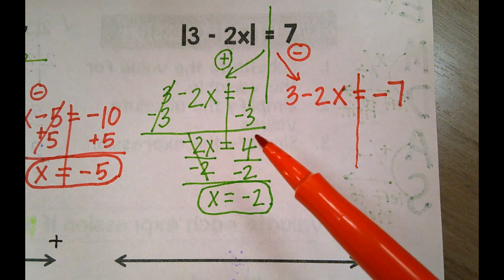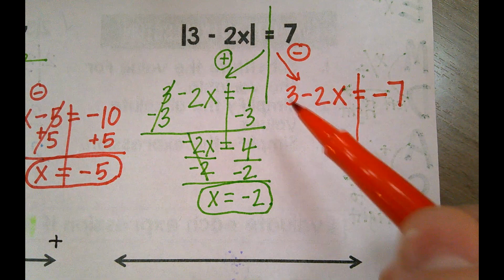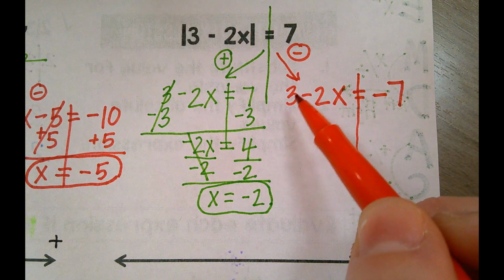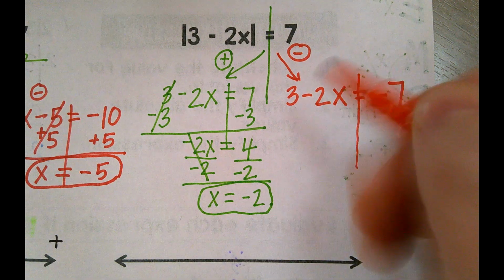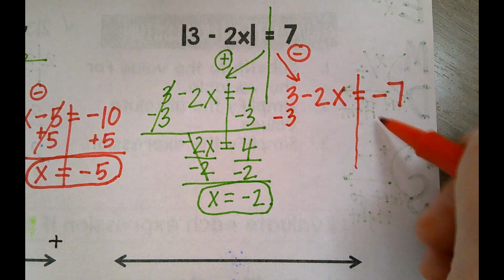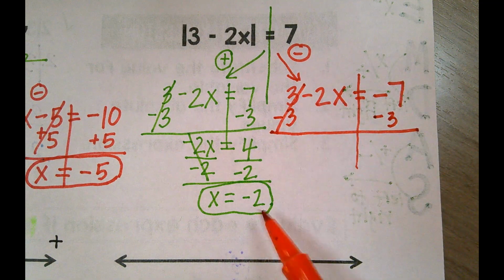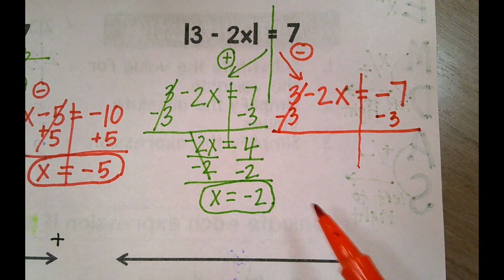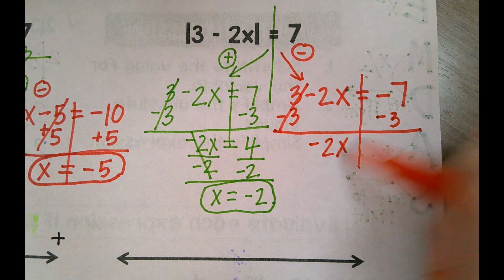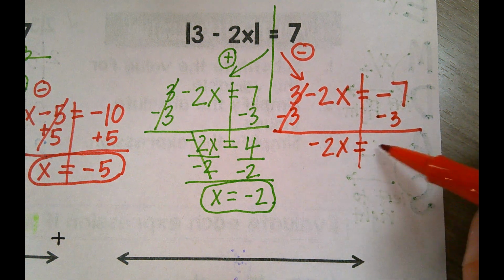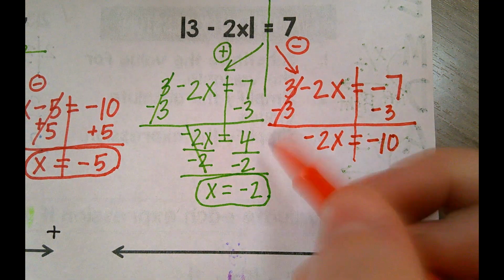We're still doing the same thing. I have +3 right here I need to get rid of. The only way to do that is to subtract 3, just like we did here. What comes down? -2x equals -10. Divided by -2.